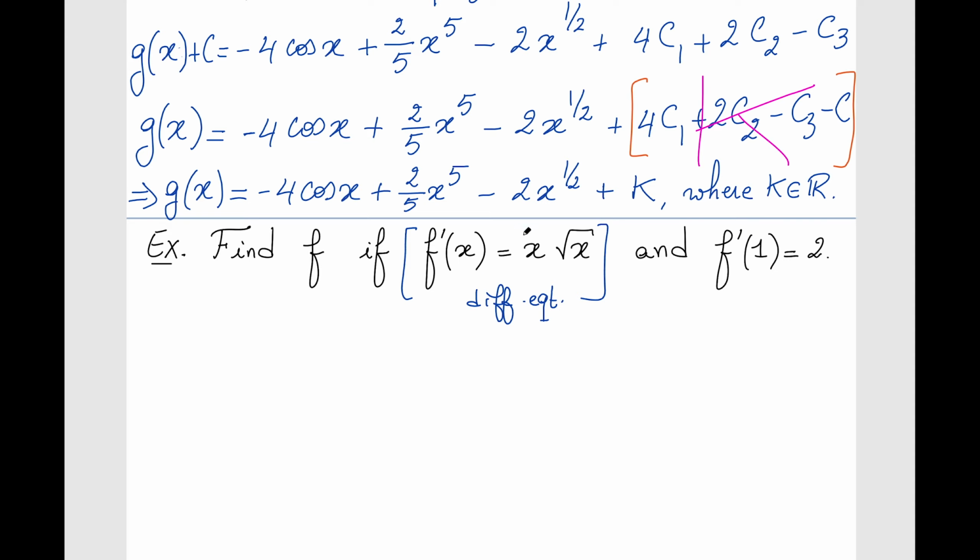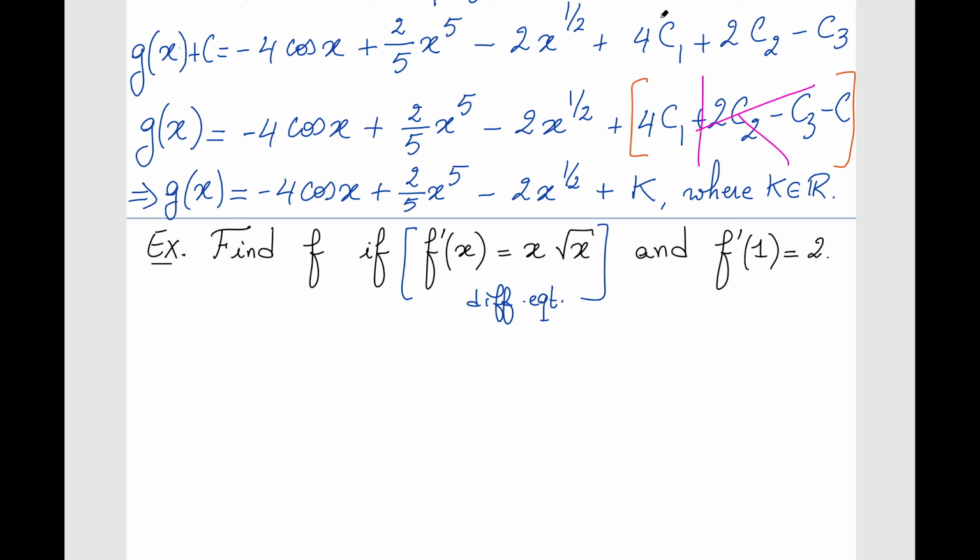Moreover, f prime of 1 should be 2. So this condition is going to tell us what the constant is; remember, in the previous problem we had a constant at the end of the day. That is going to tell me exactly what this constant is. As a matter of fact, I think this is f of 1 equals 2.